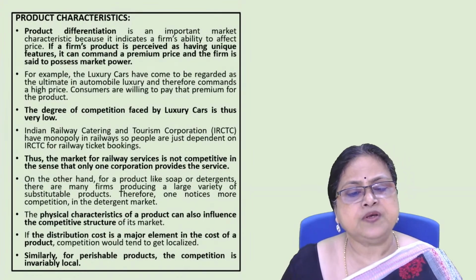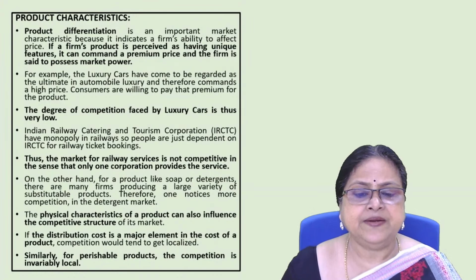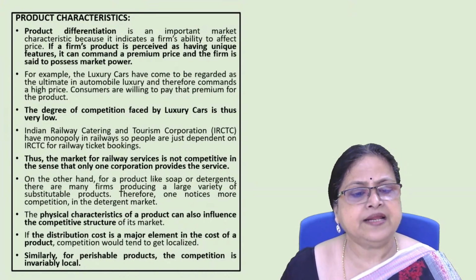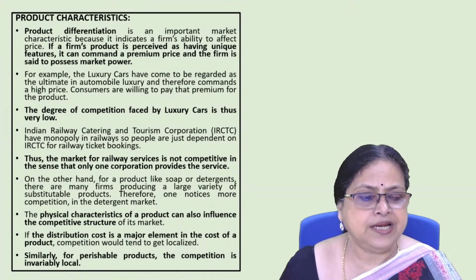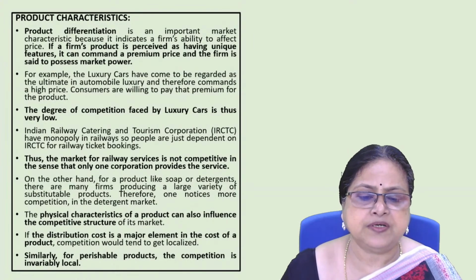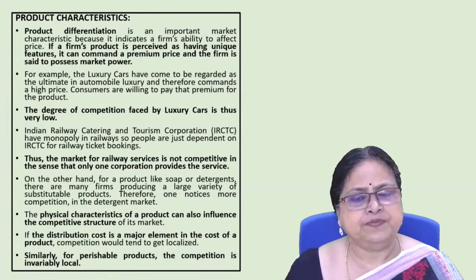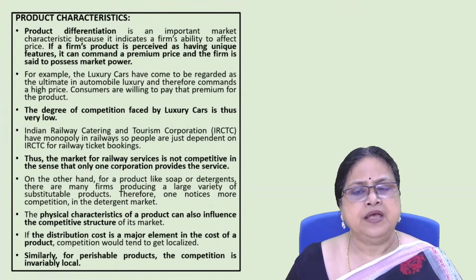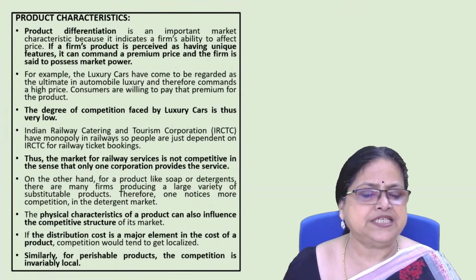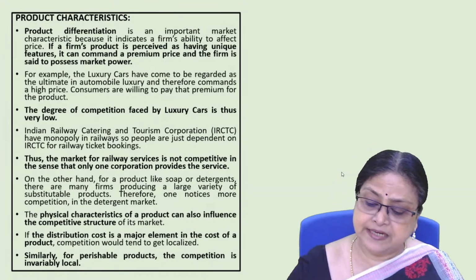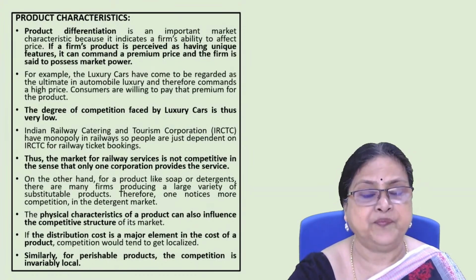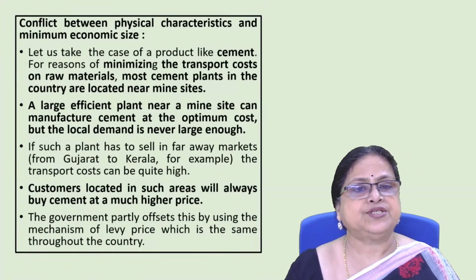If the distribution cost is a major element in the cost of a product, then the competition would be localized. Similarly, for perishable products, the competition is invariably local. There is hardly any competition because perishable goods are going to perish within a day or two, like vegetables and all. So the product characteristics is also another equal component influencing the market structure.